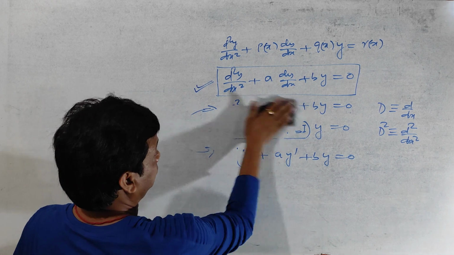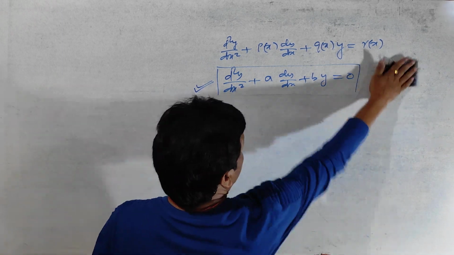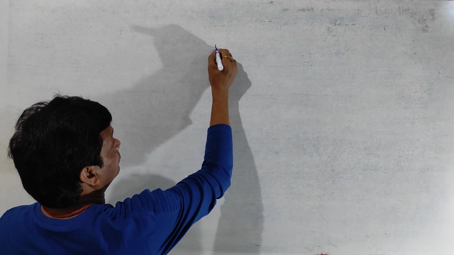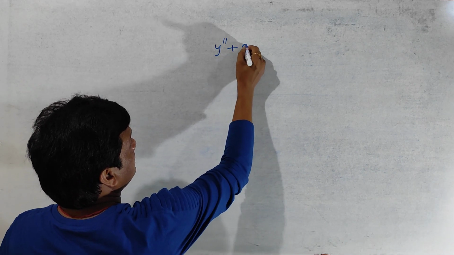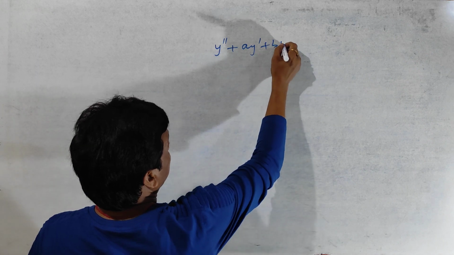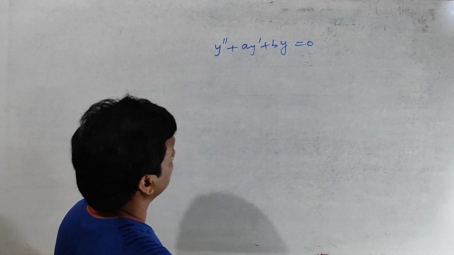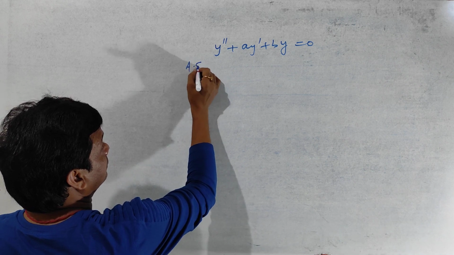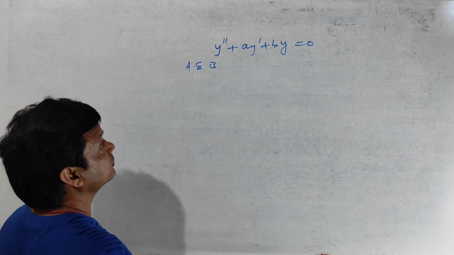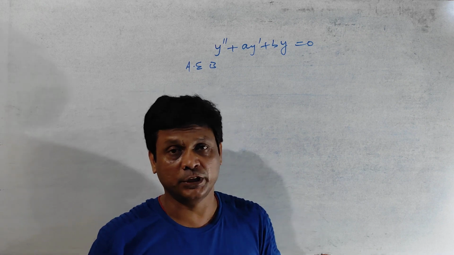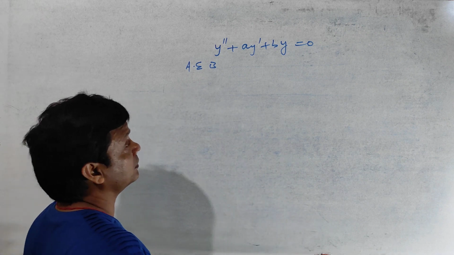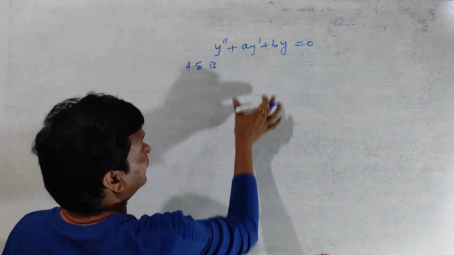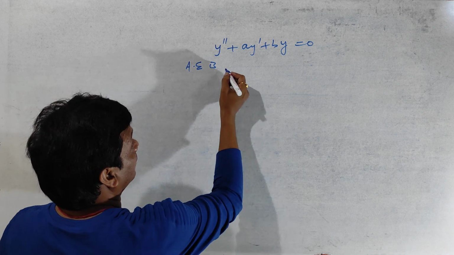See here: y double dash plus a into y dash plus b into y equal to 0. And how to write the auxiliary equation? I am telling you directly, because you are going to face the entrance examinations, so I am not telling the detailed process.